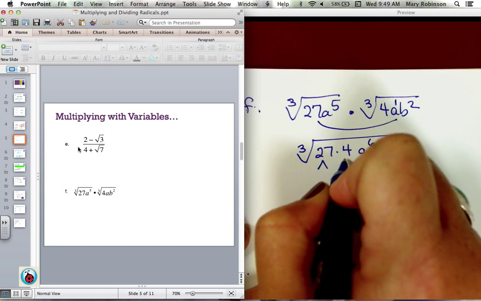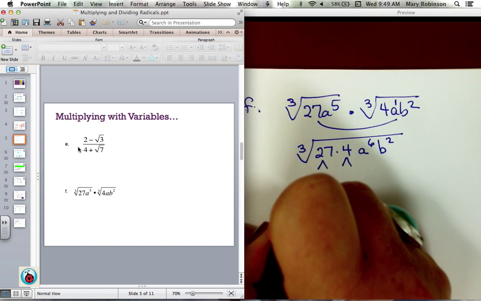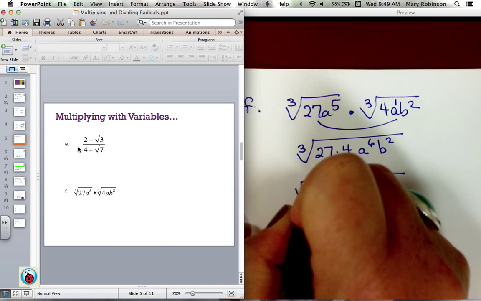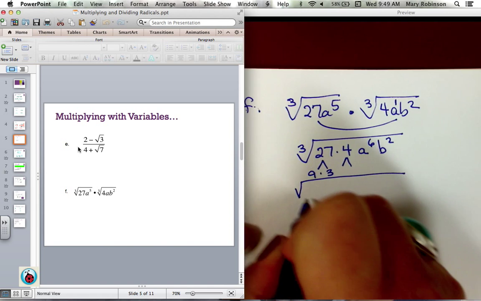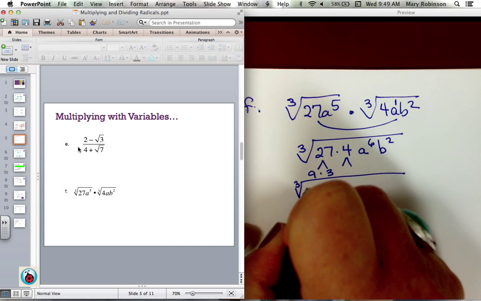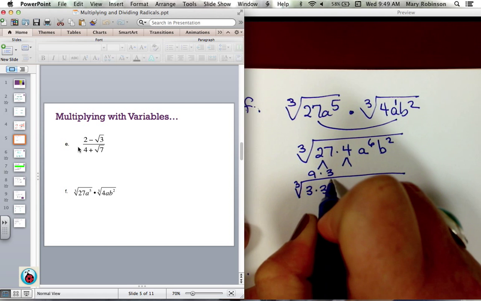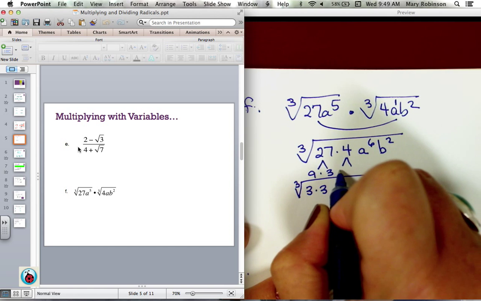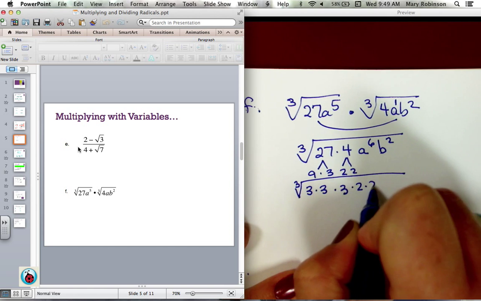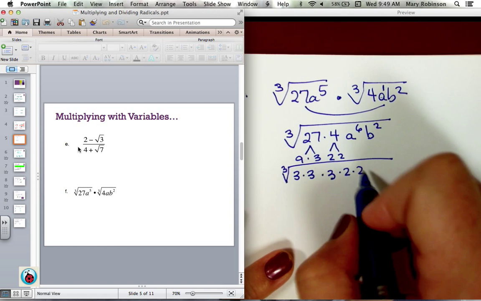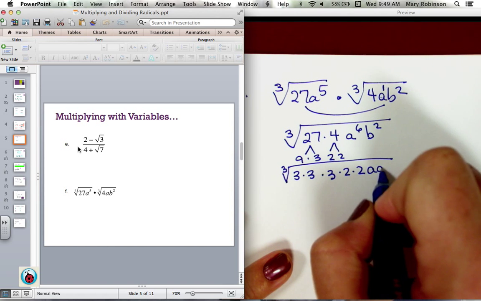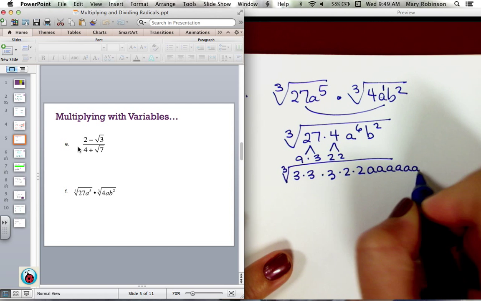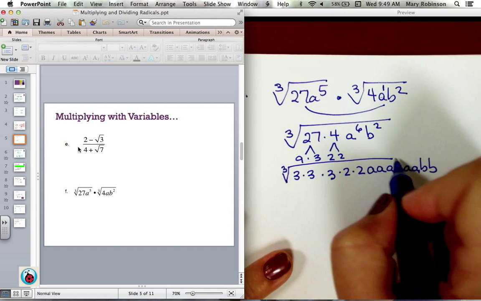When I begin to break down my 27 and 4, 27 breaks down to 9 and 3, and 9 breaks down to 3 and 3 also. Copy this 3, and 4 breaks down to 2 and 2. Now if I want, recall that you can write out your 6 a's and also your 2 b's.